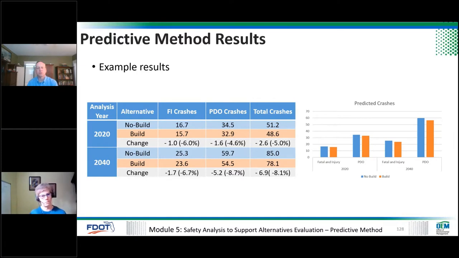And traffic volume has the greatest influence on the crash prediction. So when crashes do go up with your prediction, you've got to start looking at rates and seeing what that does to your results. Maybe crashes go up and there is a mitigation that we should think about from a safety perspective. So the results aren't always as clean as this.